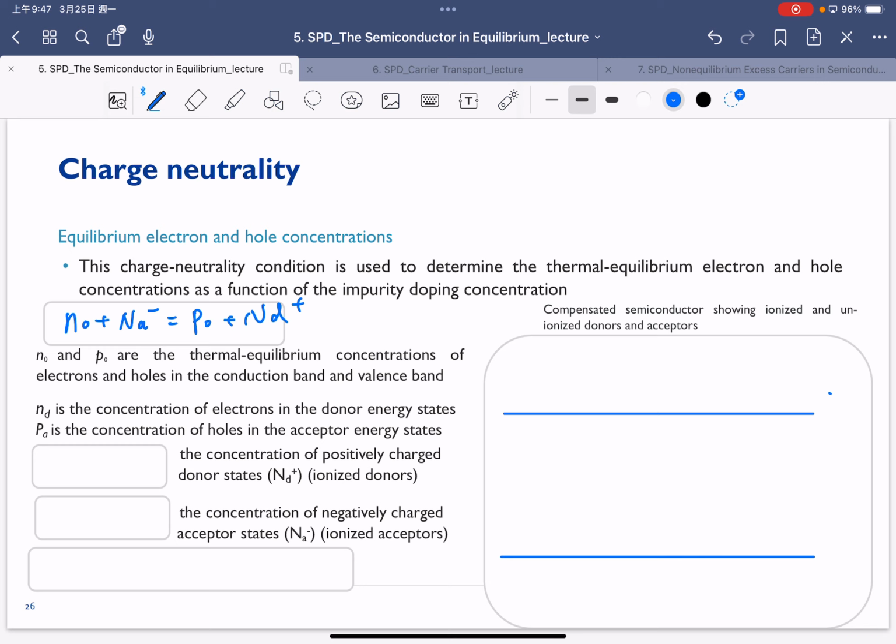We have the conduction band and we have a valence band. And now we have to consider the case in which we have both the donor state and the acceptor state.